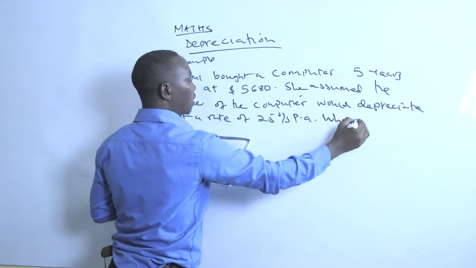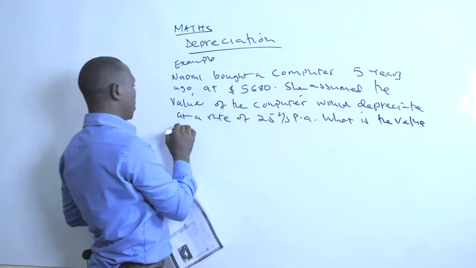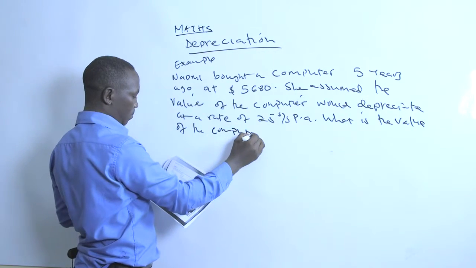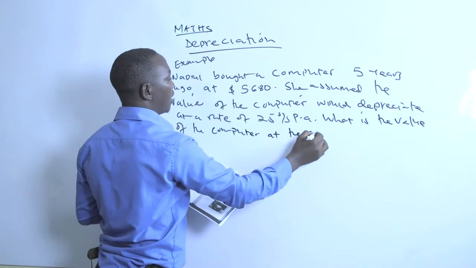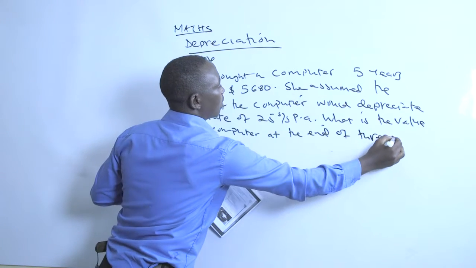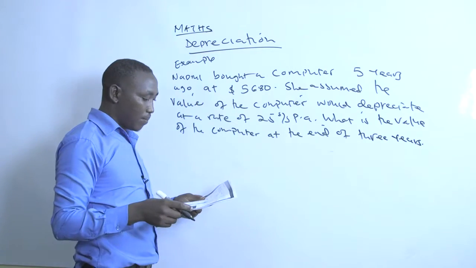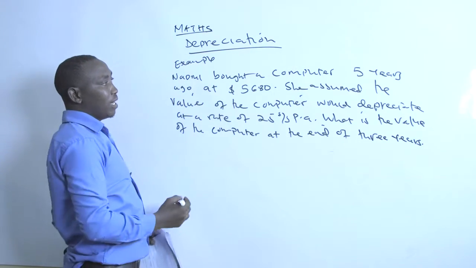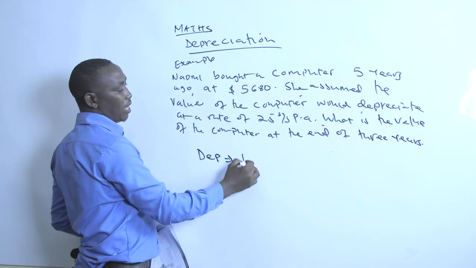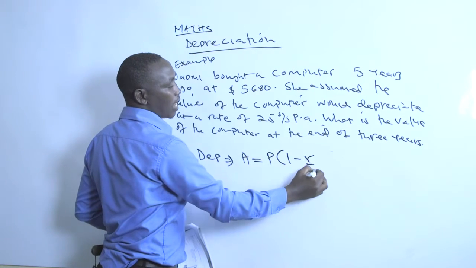What is the value of the computer at the end of 3 years? Now, we have said that depreciation formula will be A is equals to P into 1 minus the rate as a decimal raised to n.